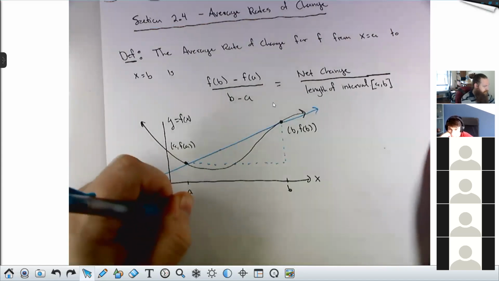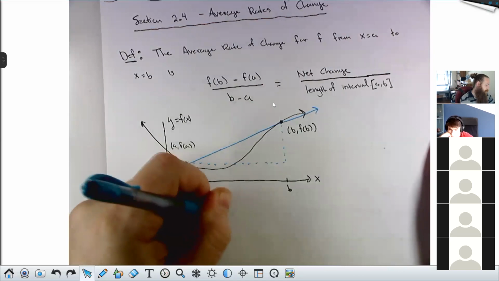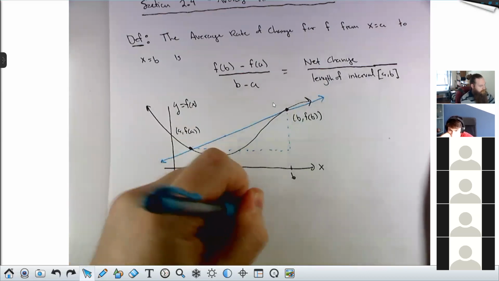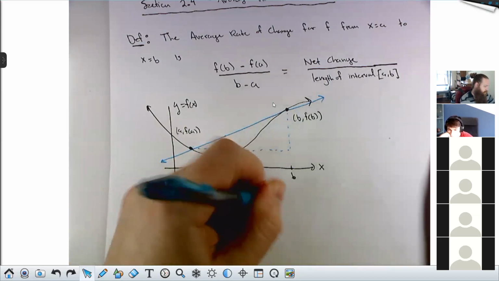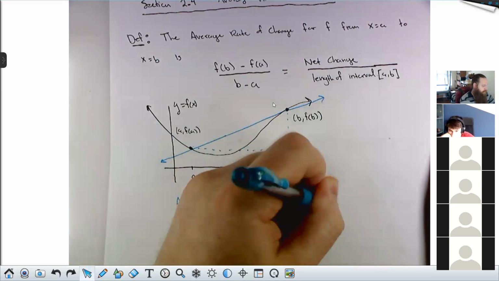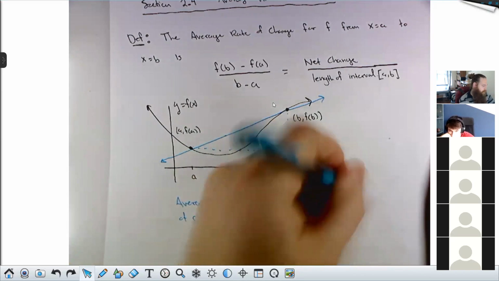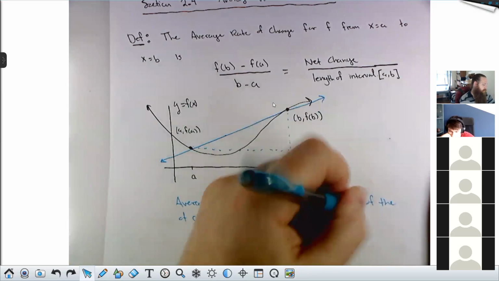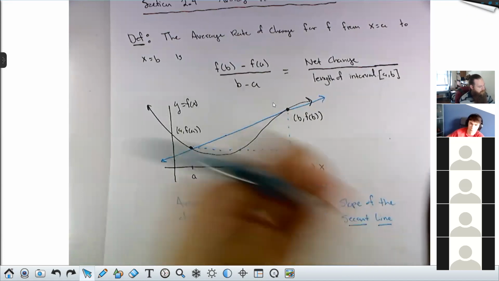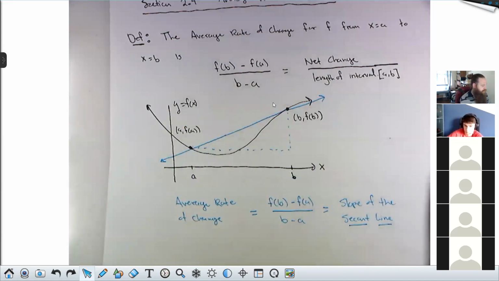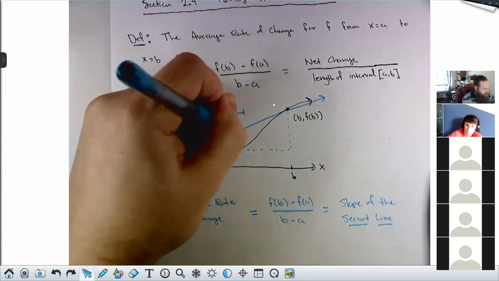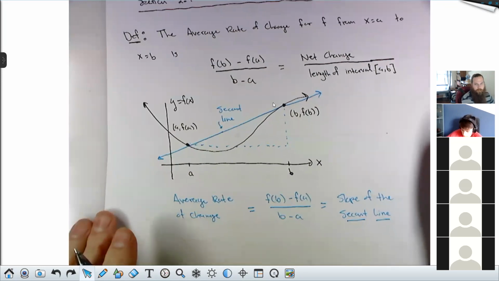So the average rate of change is the formula we have up there, f of b minus f of a over b minus a, which is the slope of the secant line. This blue line is called the secant line. That's the name of that thing.